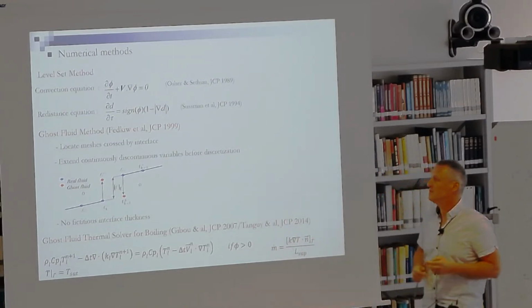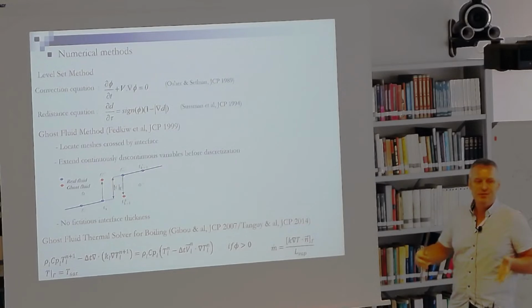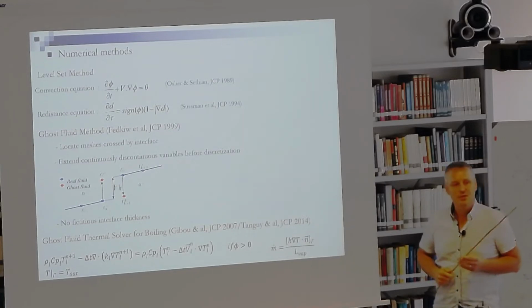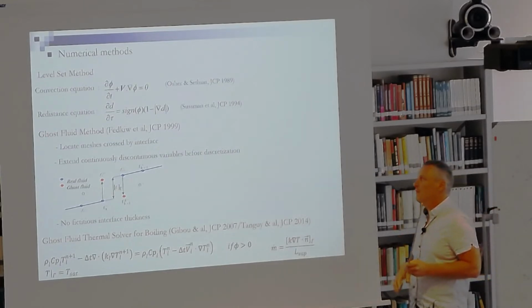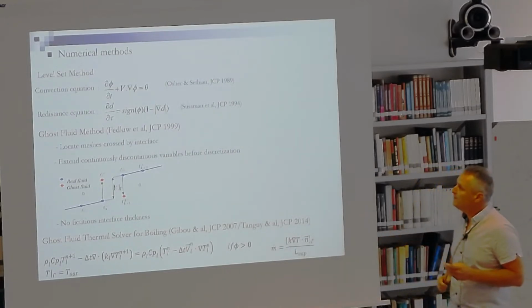This means it's a distance function, and it is a very continuous function that helps to compute the curvature at the interface accurately and to have also good stability properties.